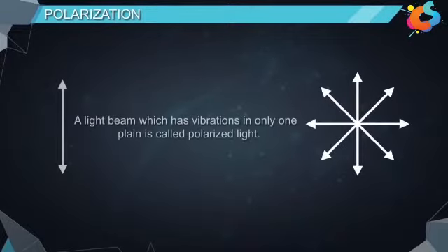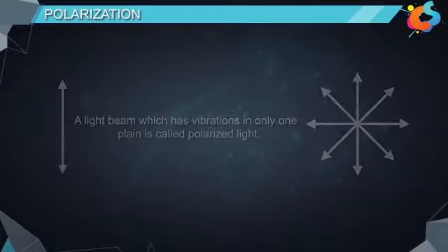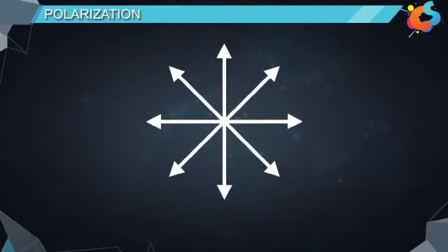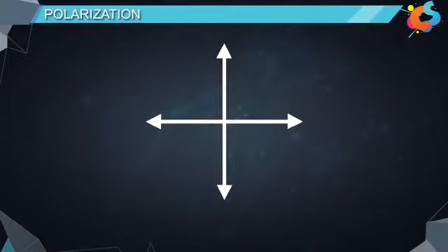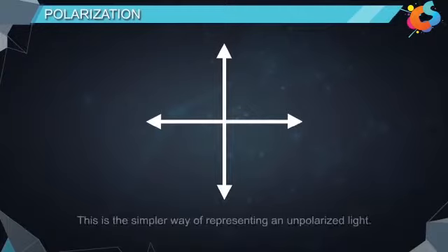Similarly, a light beam which has vibrations in only one plane is called polarized light. The electric field vectors in the unpolarized light can be resolved into vertical and horizontal components. Now, this is the simpler way of representing an unpolarized light.